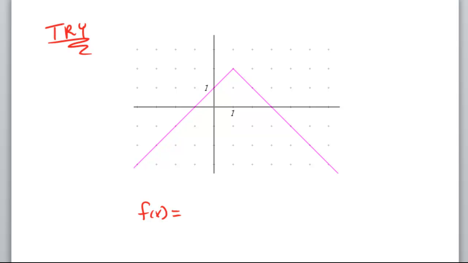Okay, so it has first been shifted to the right one, and then it was flipped over. So we had this graph, and then we flipped it over, and then we moved it up 1, 2, right to there. So shift it to the right one, flip over, and move up 2.